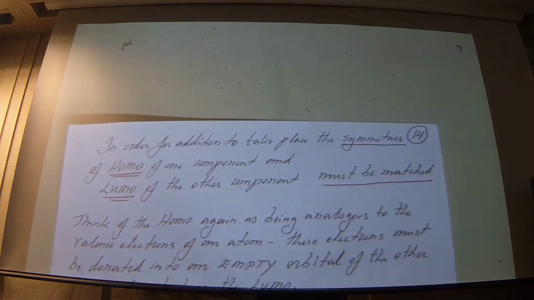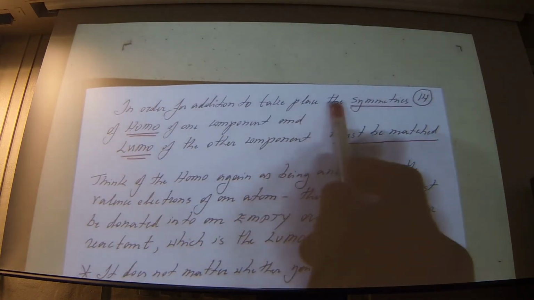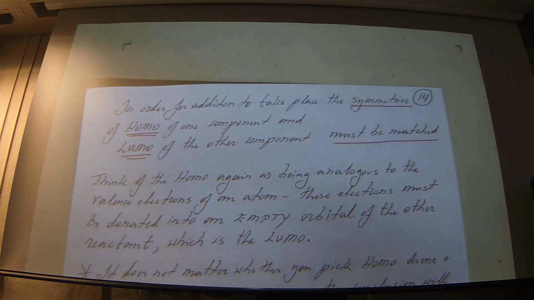Now, having said that, of course, the symmetries are going to have to be matched at the bond-forming ends of the molecule. So remember, for the Diels-Alder reaction, you're forming 2 sigma bonds. For each one of those sigma bonds, the overlap has to be bonding. Okay, so you can't have a bond and an anti-bond. That's going to be high energy. It's going to be a bond and a bond.